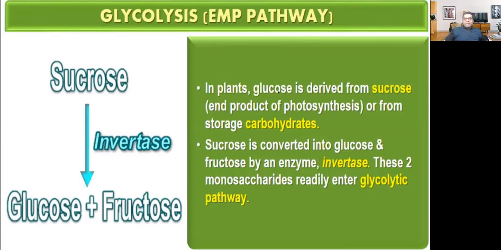Now, in plants, glucose is derived from sucrose, which is the end product of photosynthesis, or from stored carbohydrate. Sucrose, in the presence of the enzyme invertase, is converted into glucose and fructose.